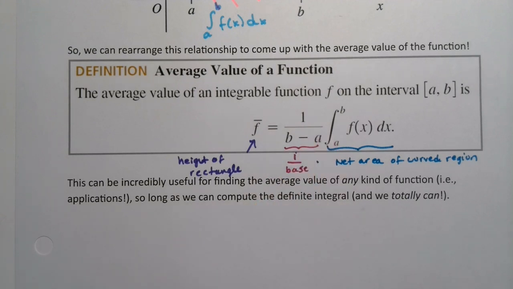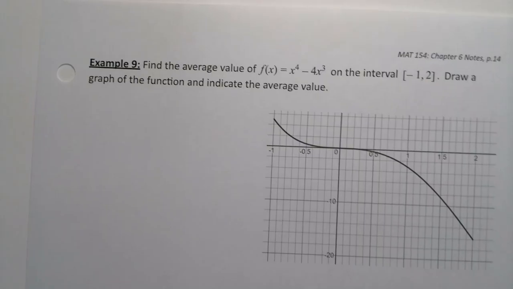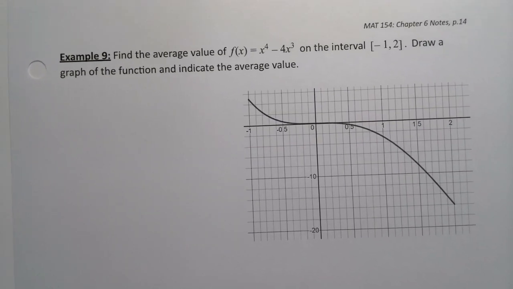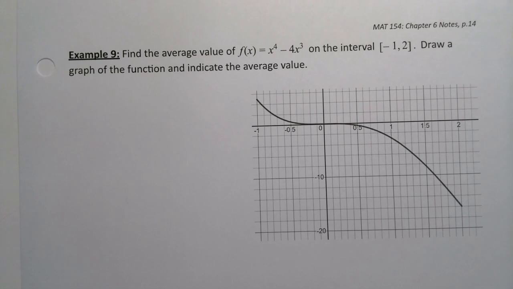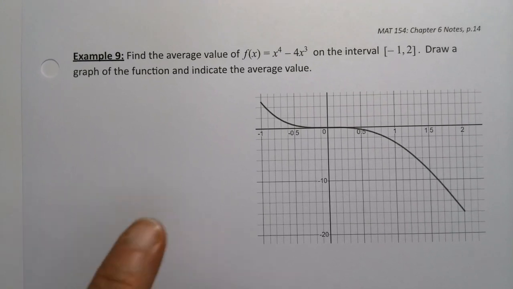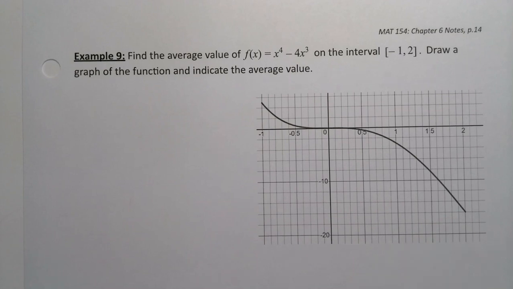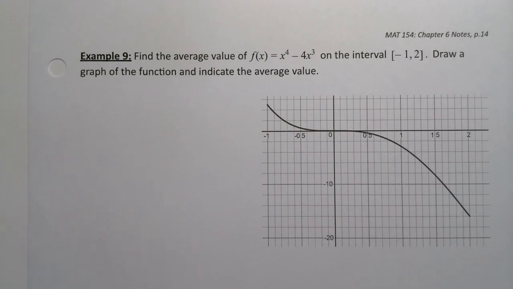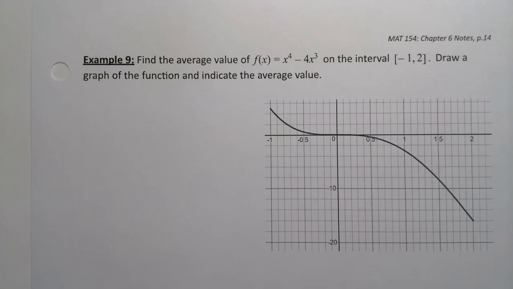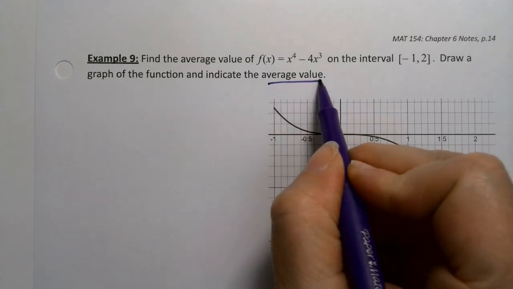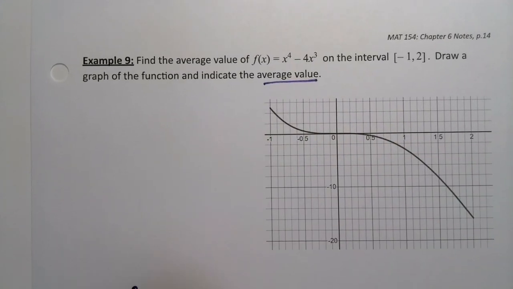All right, so let's practice this. I have a function, which I have actually drawn in Desmos for us, and I want to look at it on the interval from -1 to 2, and that's what I have drawn here. I love when I tell you to draw a graph, and I already have the graph drawn, so that's kind of funny. I want the average height, so the average value would be f bar.